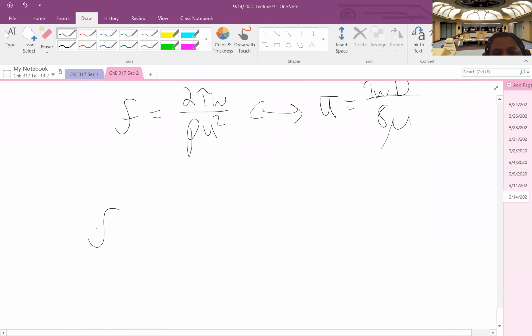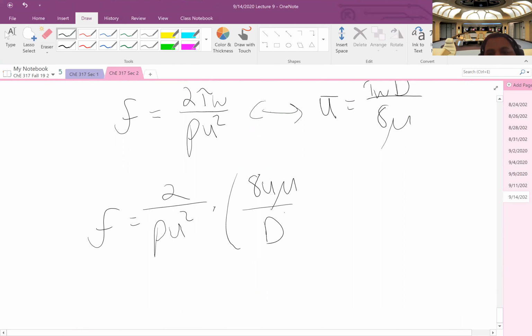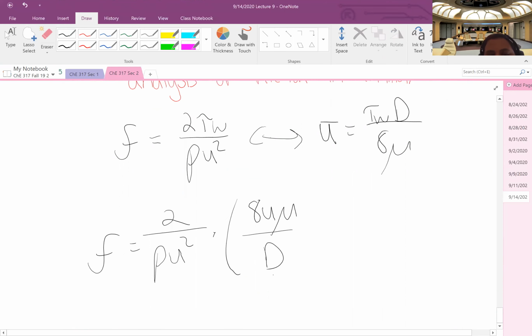We have F is equal to 2 over rho U squared times 8 U mu divided by D. Does everyone follow that? So with this, one of my velocities cancels.